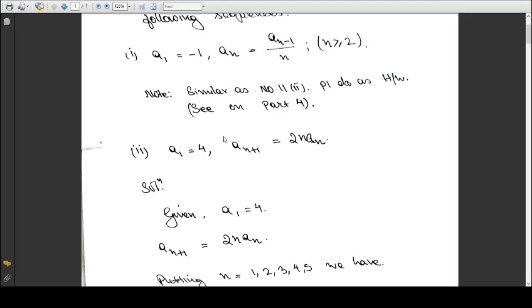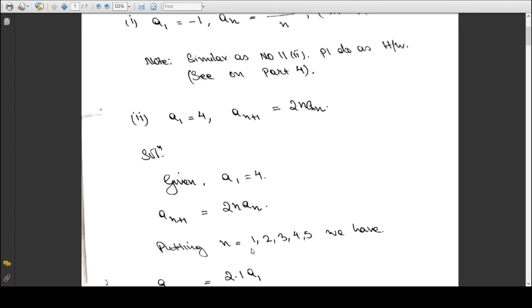That means you have to find up to 5 more terms, and including the first term which is 4, it will be the first 6 terms. Therefore we are putting n equal 1, 2, 3, 4, 5.